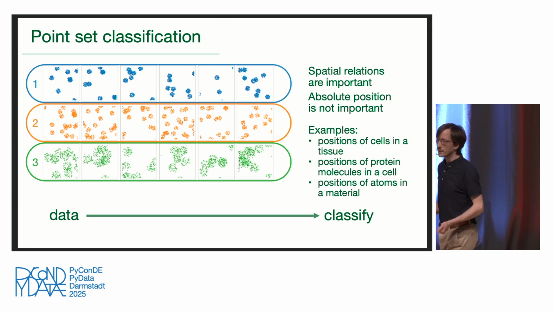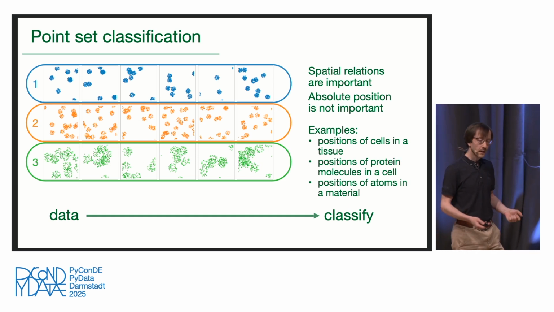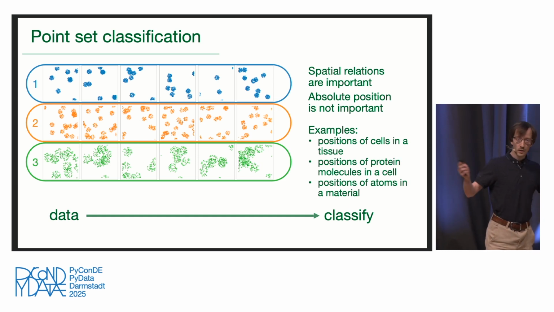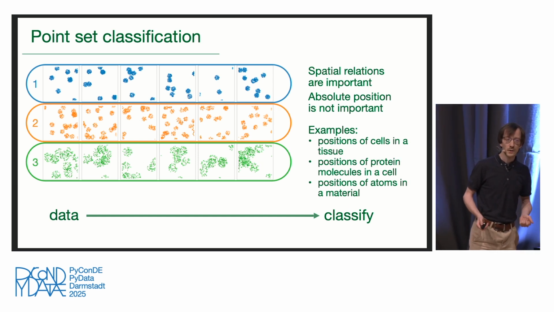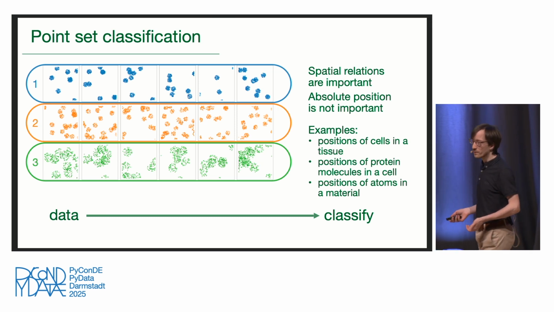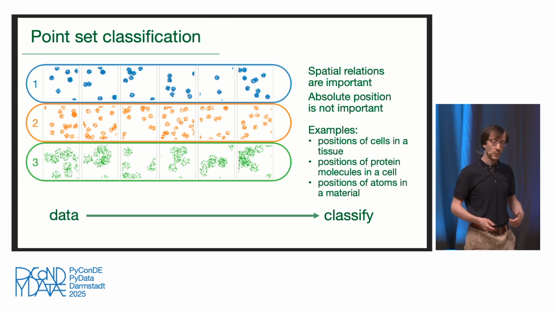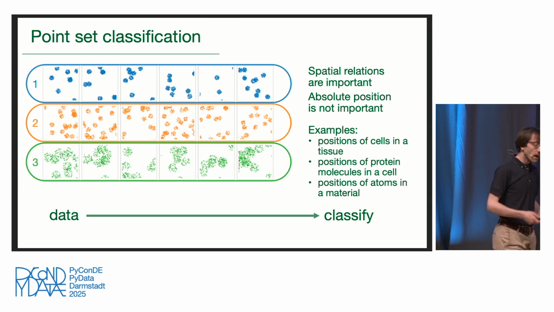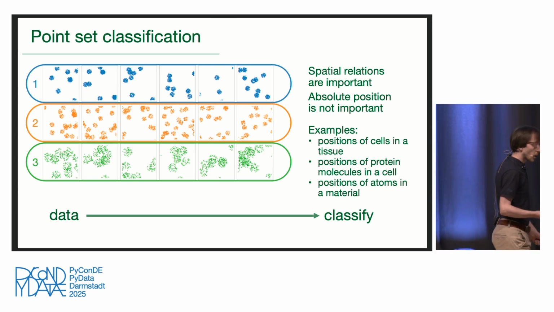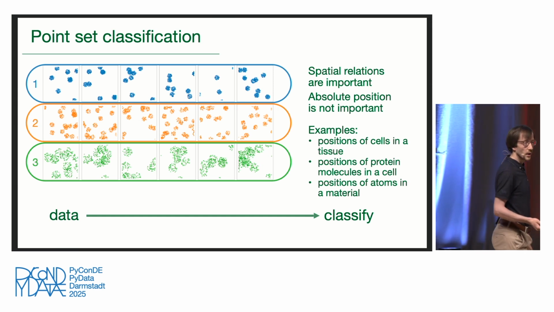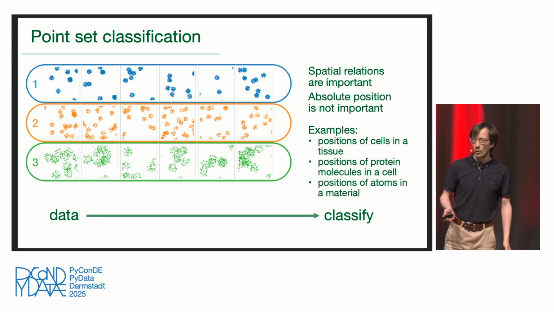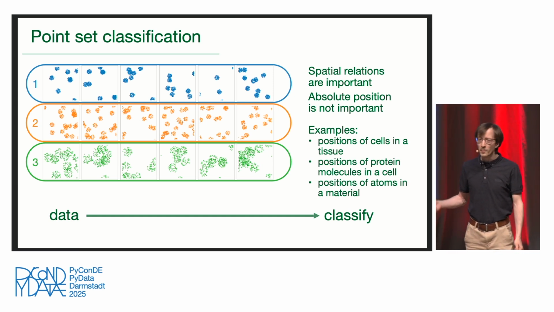We want to automatically classify. Another example would be positions of atoms in three-dimensional structure in a material of, let's say, some amorphous glass, and then you care about some properties with respect to the spatial distribution. But the examples can be also more abstract. You can imagine that you have some time series or some anomaly detection.